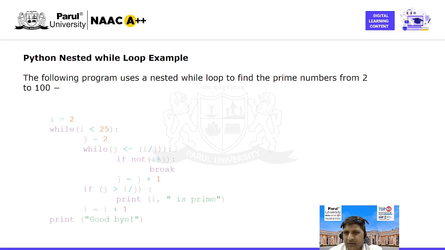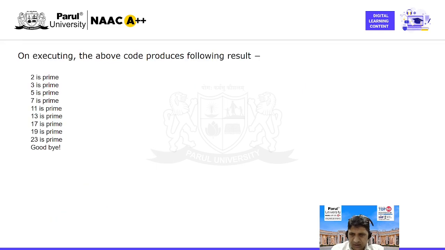Because the list always goes up to 50, and half of 50 is 25. That's why we take 25. And you can see the output here: 2, 3, 5, 7, 11, 13, 17, 19, 23. All these are prime numbers in between 2 to 100.